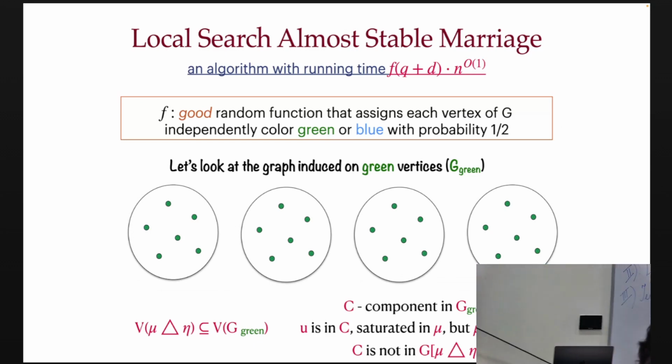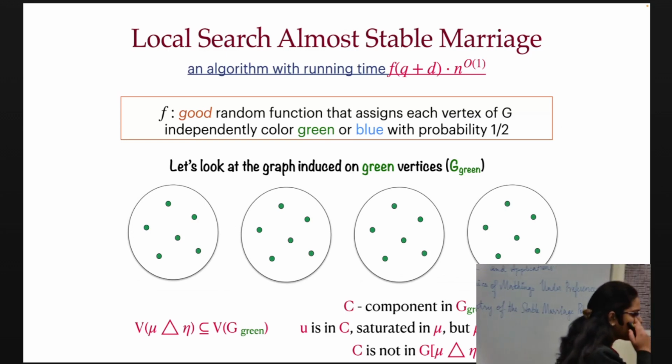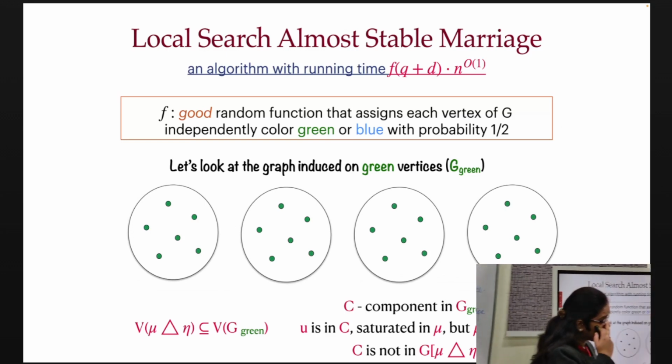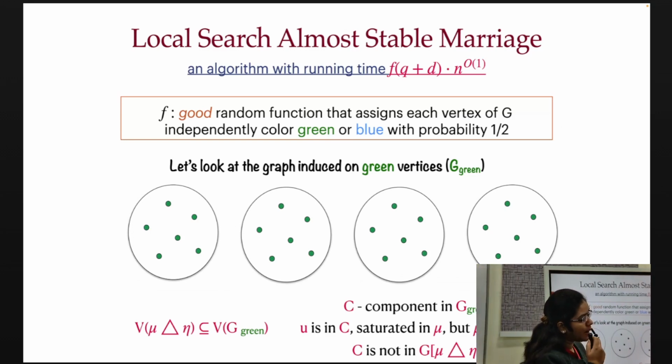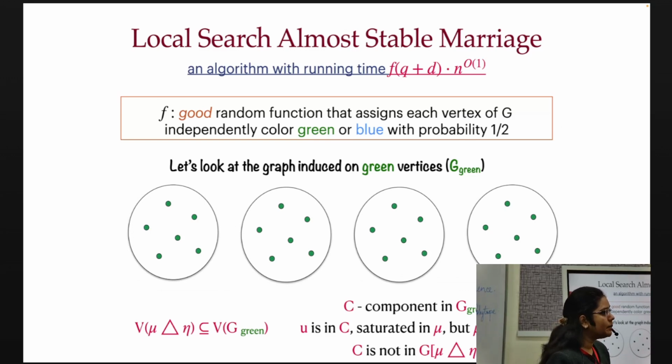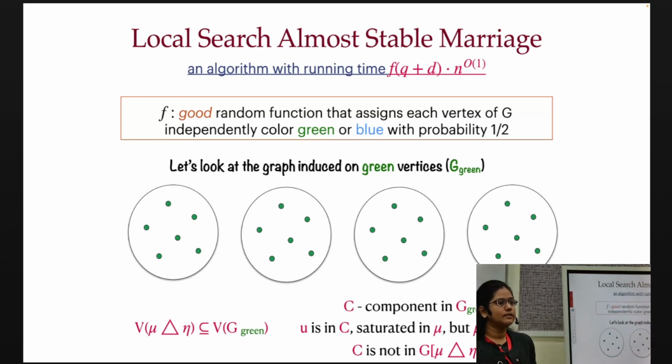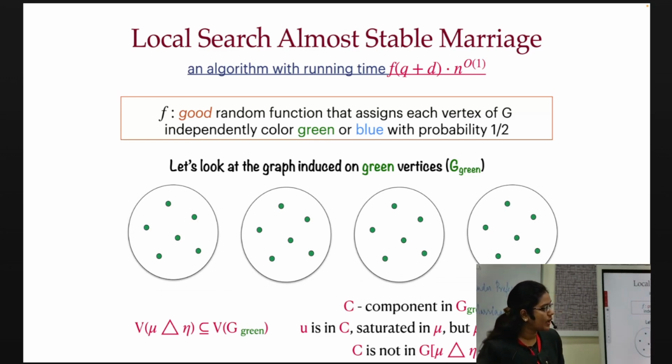What does it mean? If it changes the partner, then this vertex will be part of symmetric difference, right, but its mu partner is not there, no matter whether it was matched or unmatched. If its partner is not in C, it means whatever its partner was in mu, the same partner is in eta, because it is not in the component.